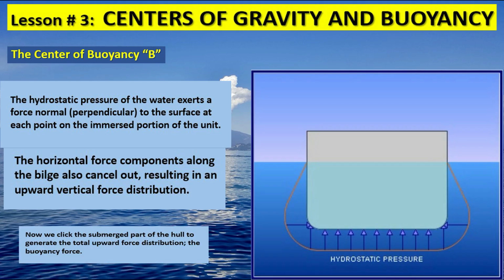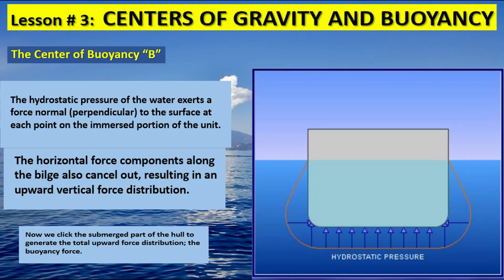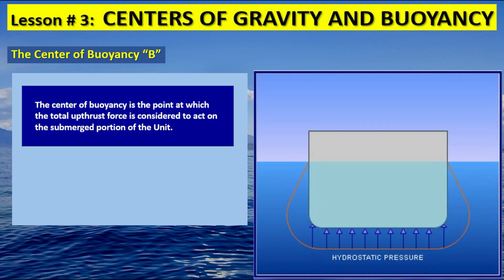Now we click the submerged part of the hull to generate the total upward force distribution, the buoyancy force. The center of buoyancy is the point at which the total upthrust force is considered to act on the submerged portion of the unit.